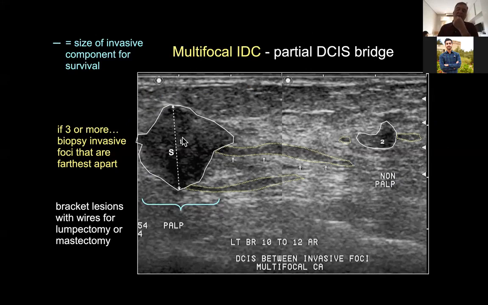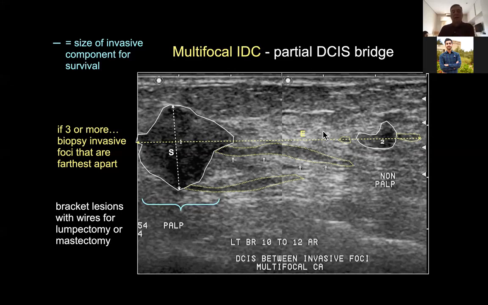Size obviously is going to be the maximum diameter of the circumscribed AAB on the left. And the extent is going to be the outside-to-outside dimension between the index lesion and the largest duct that I can see that extends to the right of the satellite lesion.